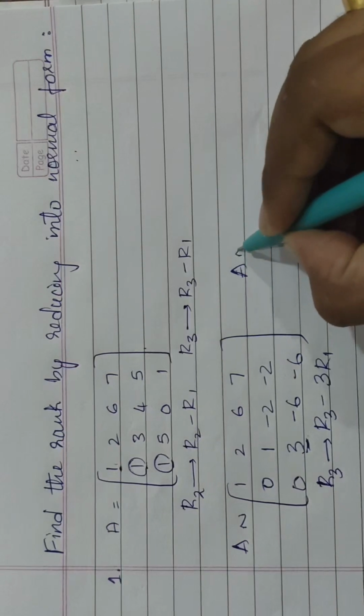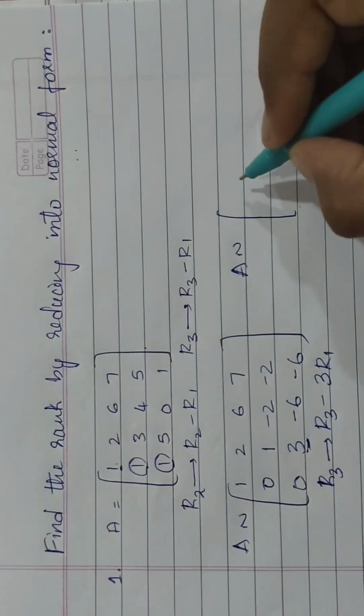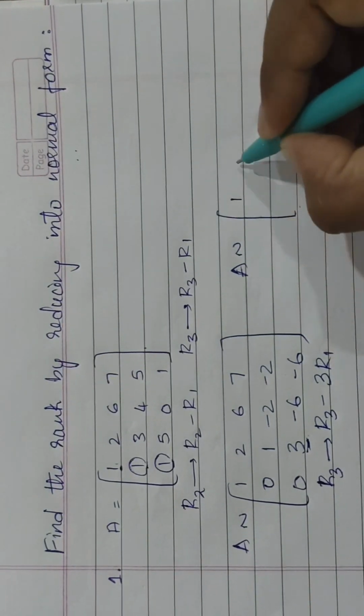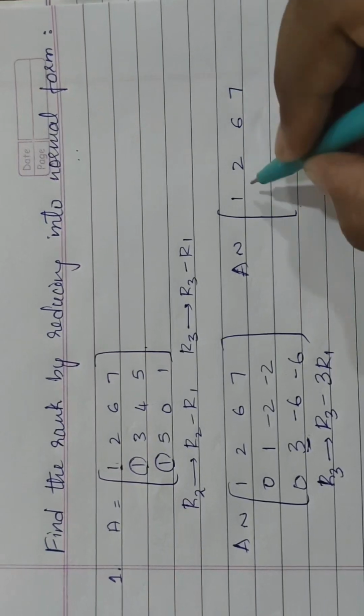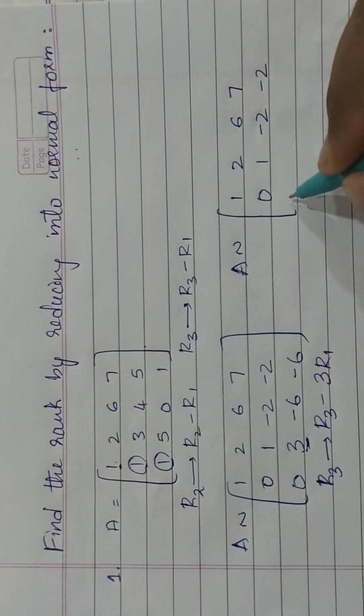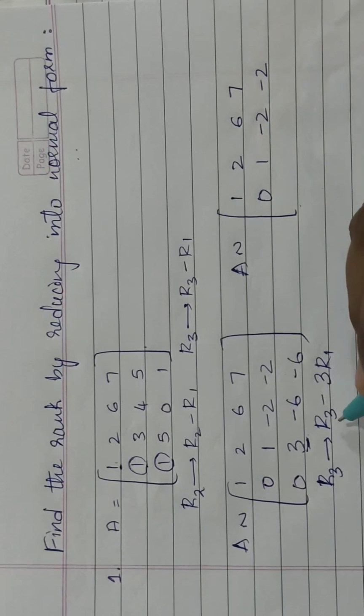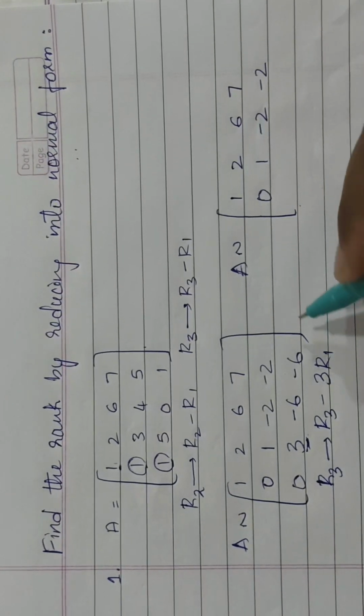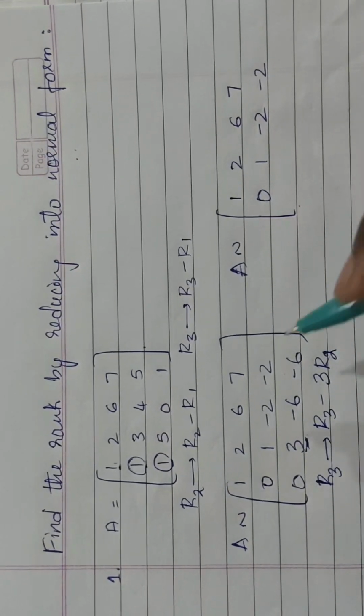Now A is equivalent to 1 2 6 7, 0 1 minus 2 minus 2, and for R3 it is R3 minus 3R2.